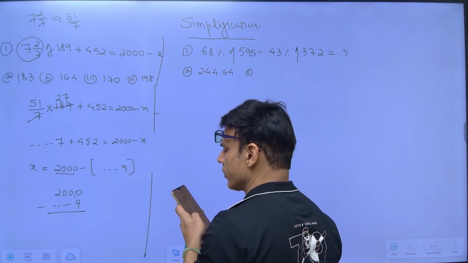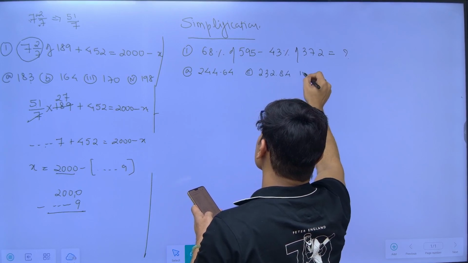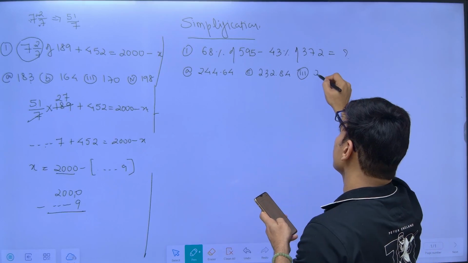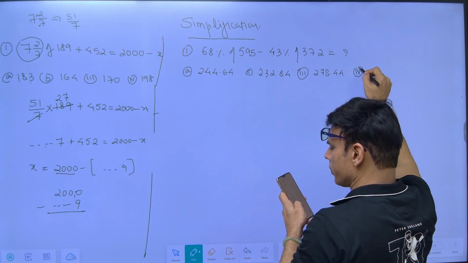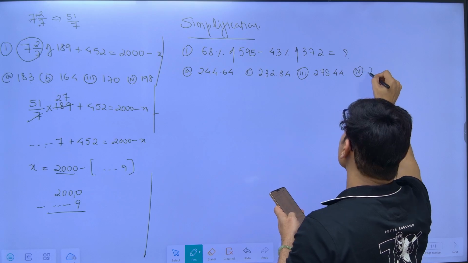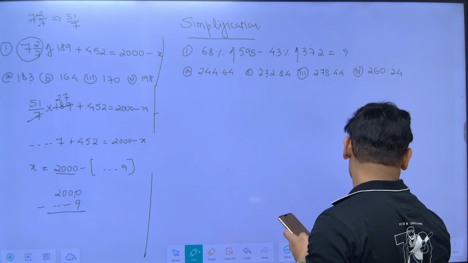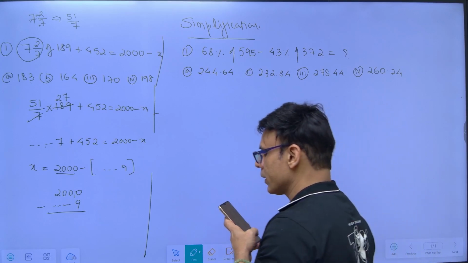Second option is 232.84. Third option is 278.44. Fourth option is 260.24. I'm not writing fifth because that is none of these. You have to check it out.